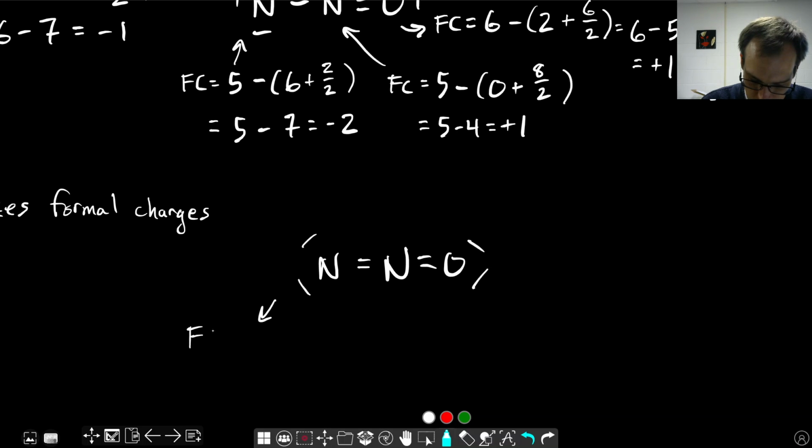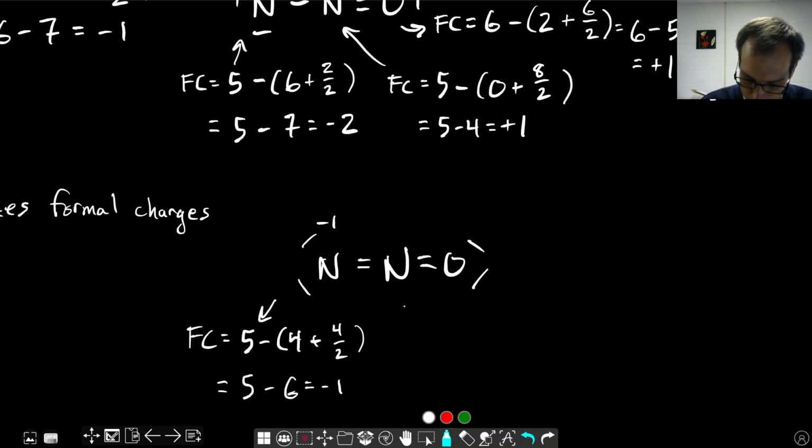So the formal charge for nitrogen on the left is equal to 5 minus 4 plus 4 over 2. That gives us 5 minus 6, which is equal to -1. So we have a -1 formal charge here. For the central nitrogen, we have a formal charge of 5 minus 0 plus 8 over 2.